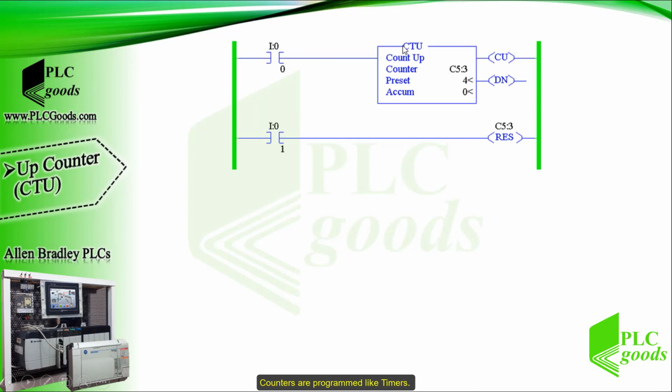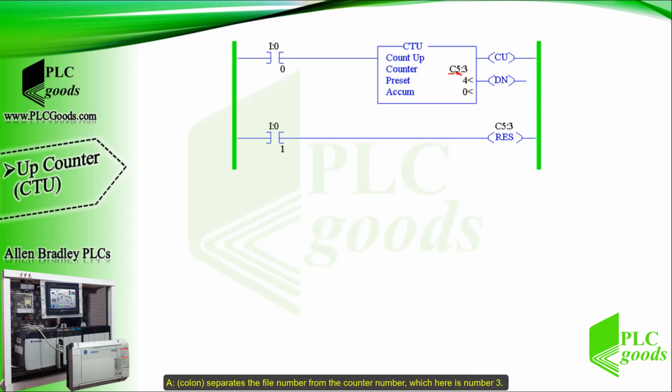Counters are programmed like timers. A counter's name starts with the letter C, which refers to the counter file in a PLC memory. The next number, which here is 5, is the default file number of a counter file, but any unused file number from 10 to 255 can be entered here.